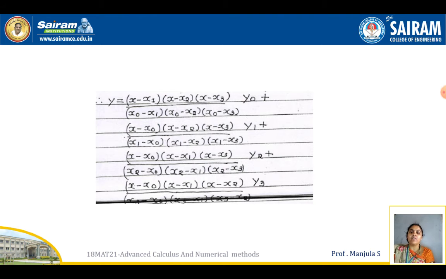According to the given values of x and y, first we should write the Lagrange's interpolation formula.